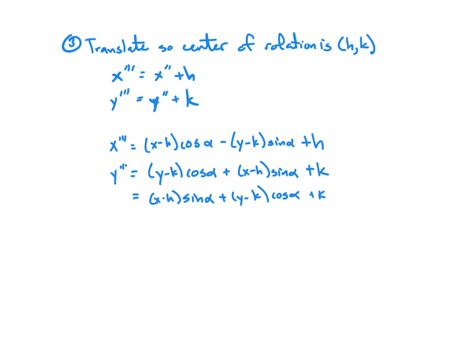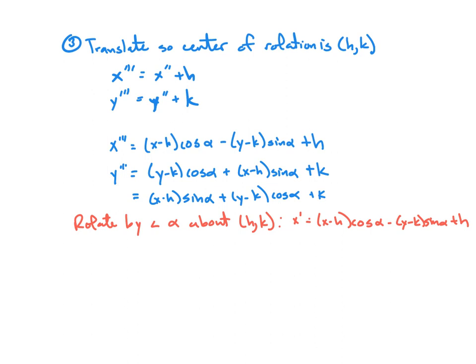So the final answer here is that to rotate by angle alpha about (h, k), we get the equations x prime equals (x minus h) cosine alpha minus (y minus k) sine alpha plus h, and y prime equals (x minus h) sine alpha plus (y minus k) cosine alpha plus k. Okay, beautiful. This is quite lovely.